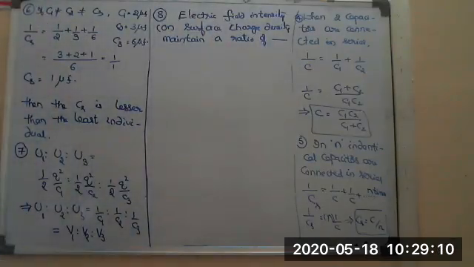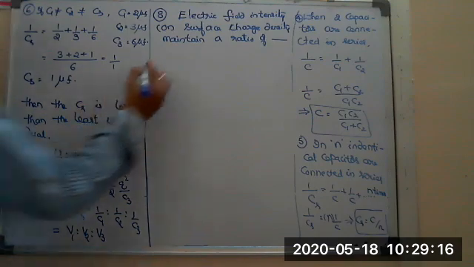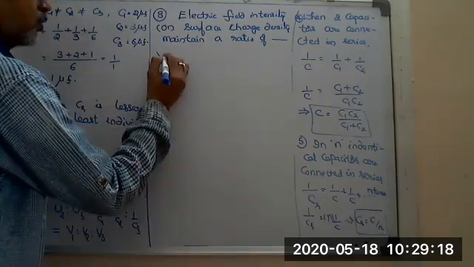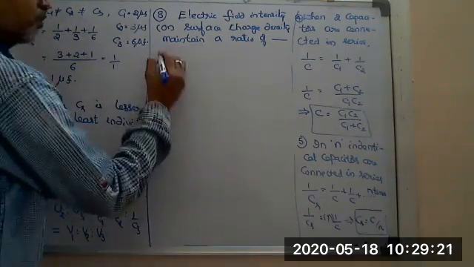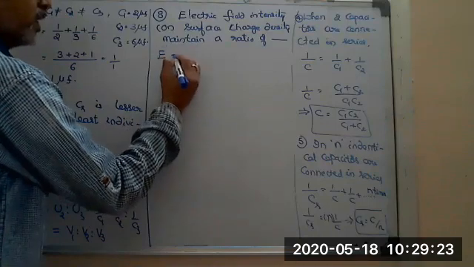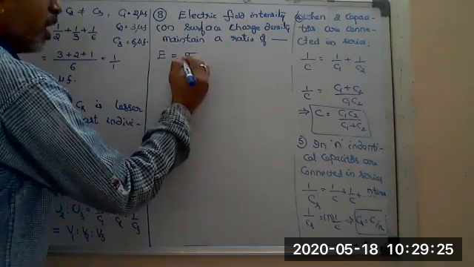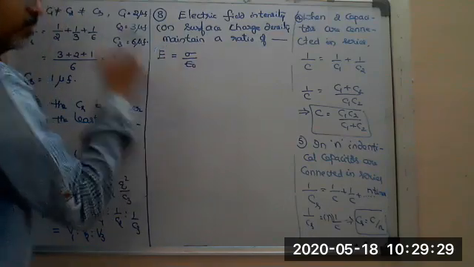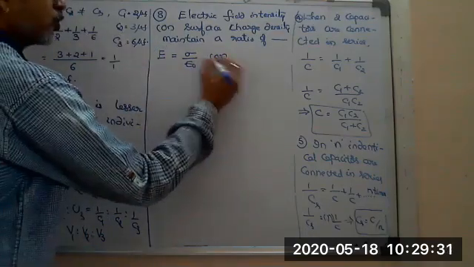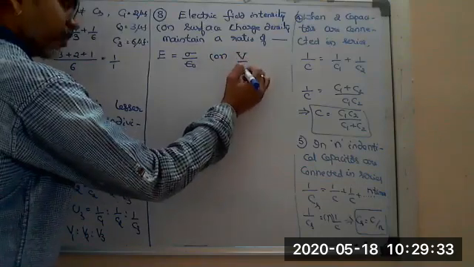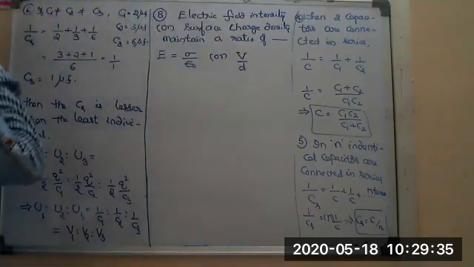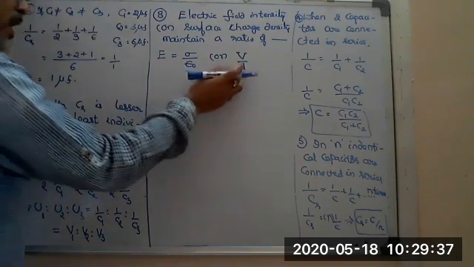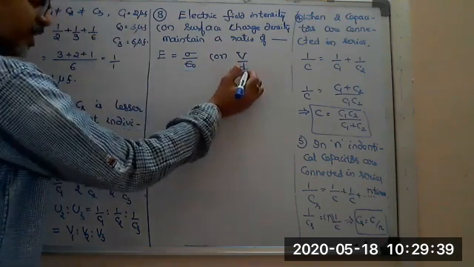In this case, the electric field intensity E equals either sigma by epsilon naught between the plates of the capacitor, or I can use V by D. The problem is, if I use this formula, I have to consider D constant.